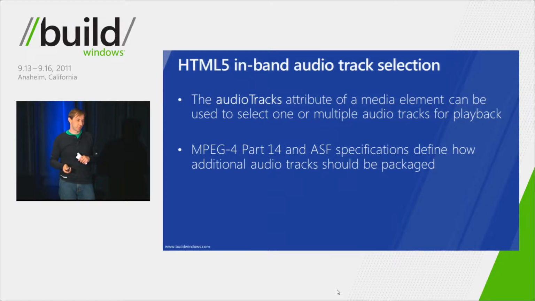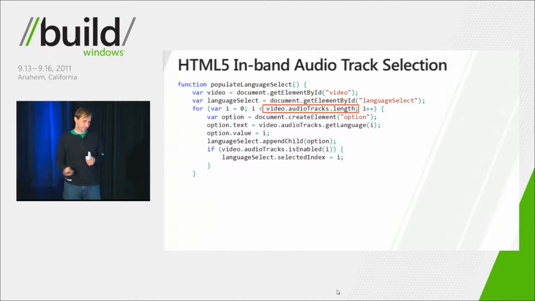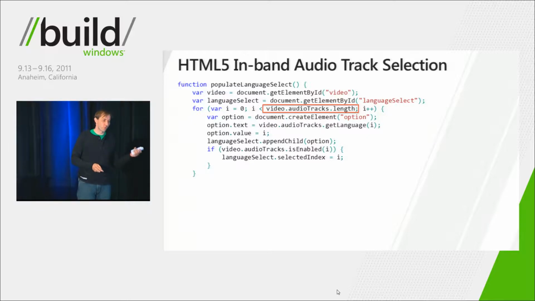the audio tracks attribute. And this is the code. I hope this is big enough for you to see. This is the code that I was using in this sample app to populate the language select box. First of all, we're getting the video element from the DOM, and then we're iterating in a for loop over the length of this audio tracks list.